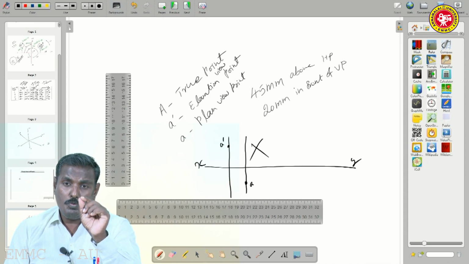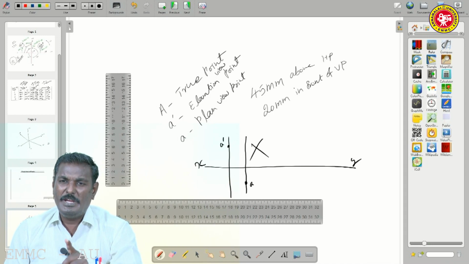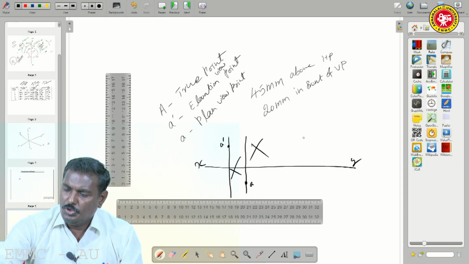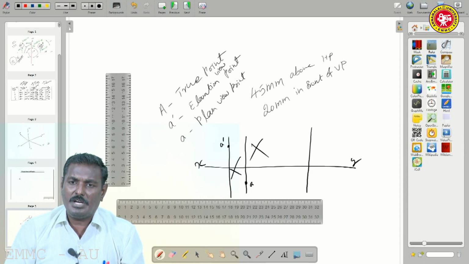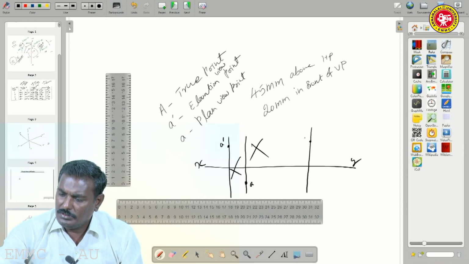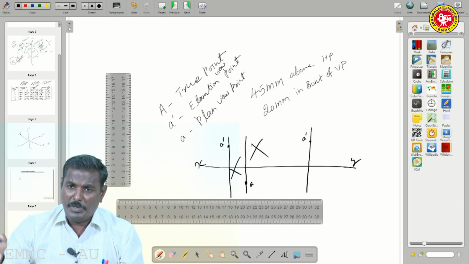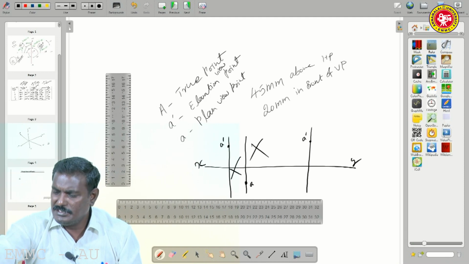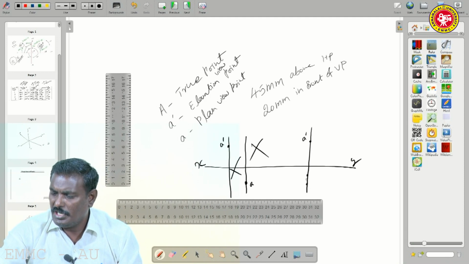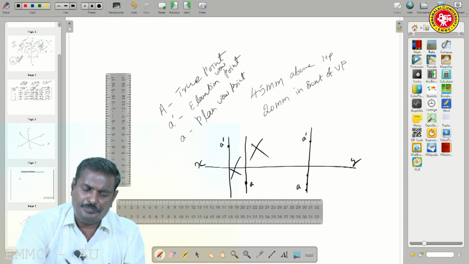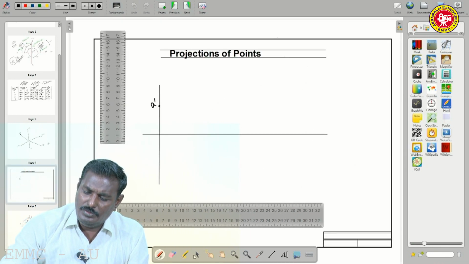But the true point location should be in the same projector wherever it is. That is the concept. If you mark the elevation here, the other views, that is the plan view, should lie in the same projector, either here or here or here. That is the concept, so here we have to do that.